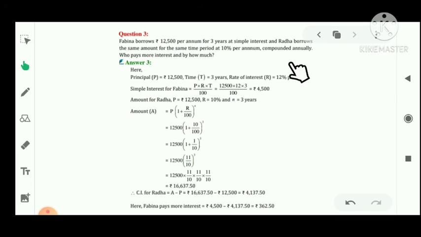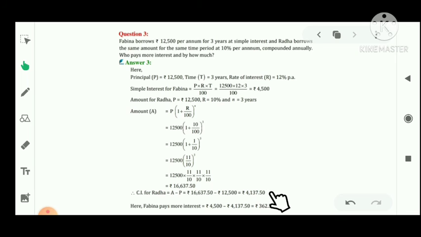Now see the rest of the question. Radha borrows the same amount for the same period at 10% per annum compounded annually. Now for Radha we have to find the CI. That means amount is equal to P bracket 1 plus R upon 100 power n. P's value is 12,500, R's value is 10, and N's value is 3. Now after solving this, its value is 16,637.50.